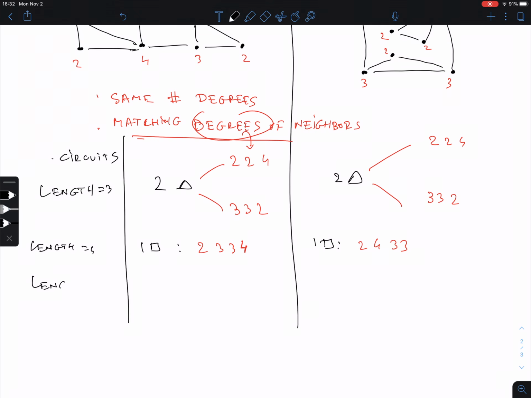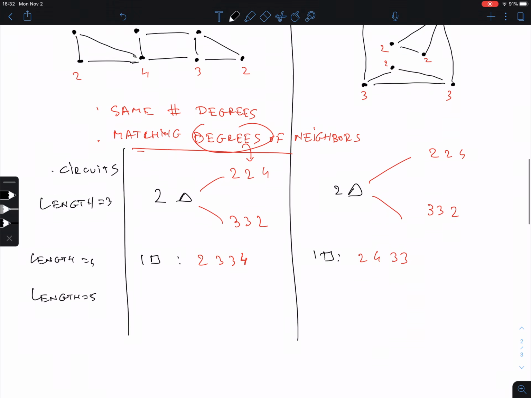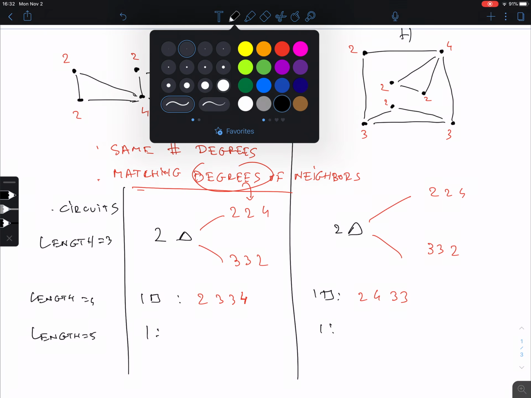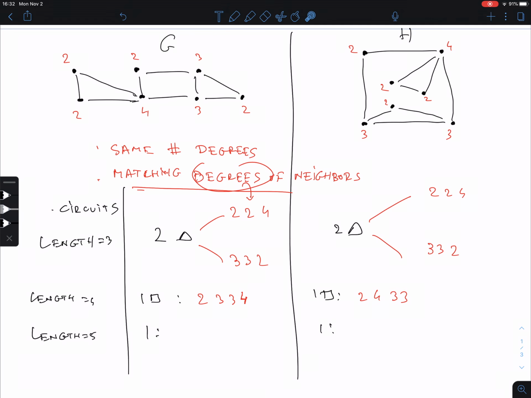Length equals 5. So the path that I have of length 5 is, I'm going to again list its degrees. Both have 1, so 1, and what are the degrees on this path? So I'll take a start here. Let's start with the 4, because that's unique, kind of, right?